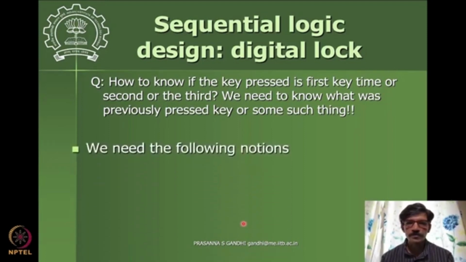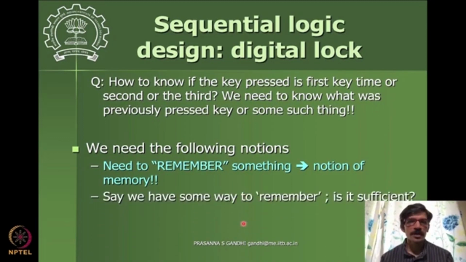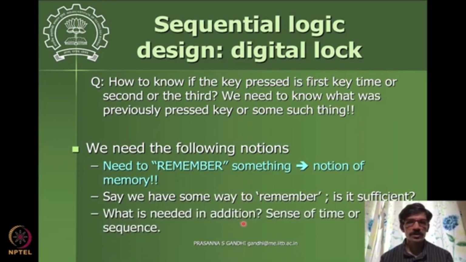So first, we need to remember something, what was pressed before. This is the notion of memory. The other notion we need is time, or sequence. Just remembering is not sufficient. We need a sense of time, and these are the two notions we need: a sense of time and a notion of memory.